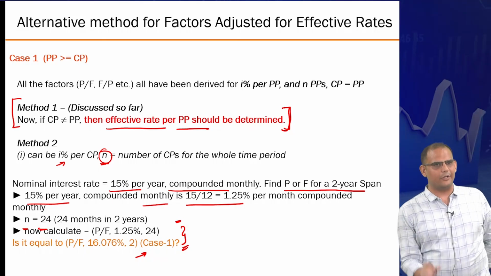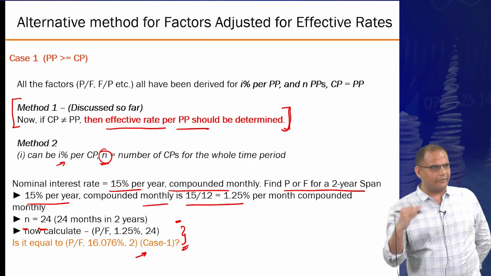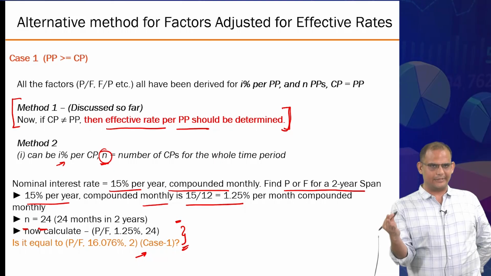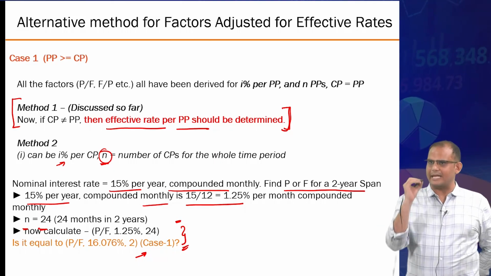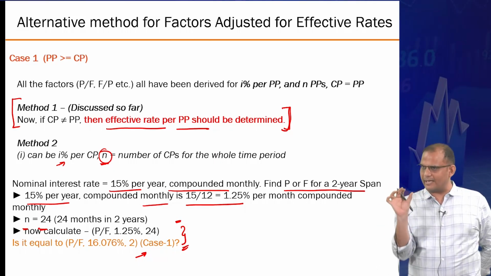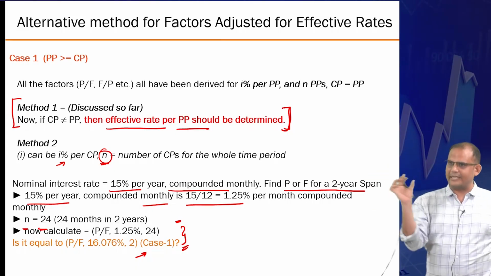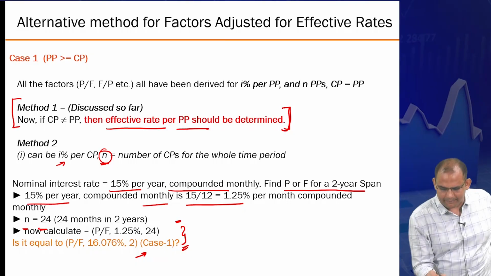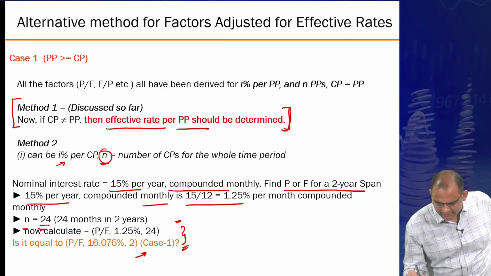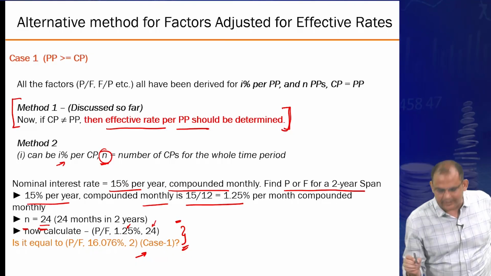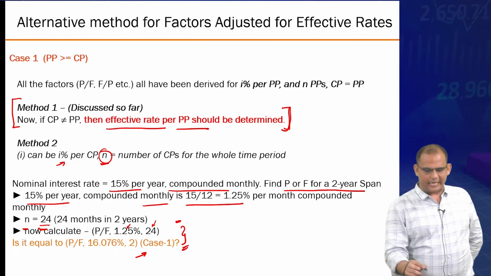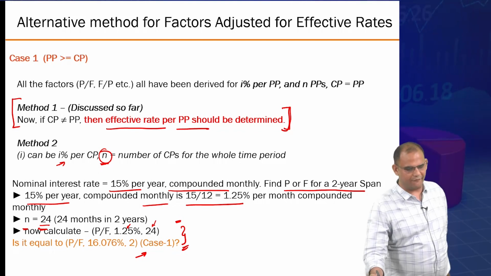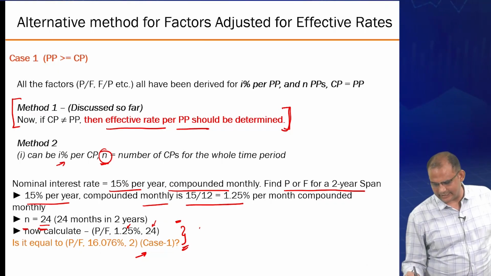We first converted to an effective annual rate and then used 2 as the number of years, right? Here, I am only using the compounding period, and then I am changing the number of time periods to be equal to the compounding period. So instead of changing the rate, I have the reduced rate, but I am transforming n as 24. Calculate, are they the same? Confirm 100%.